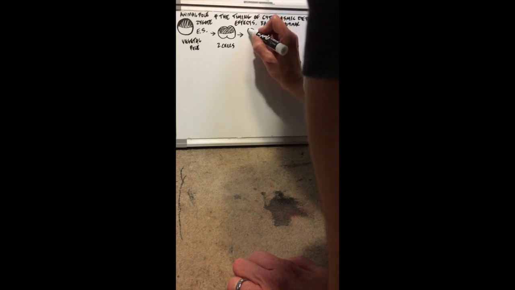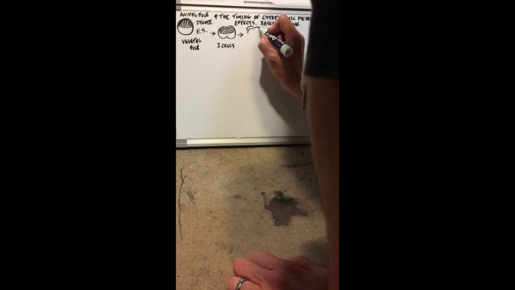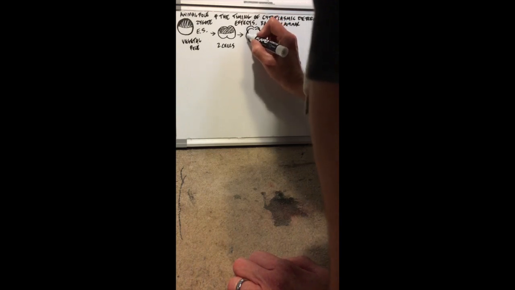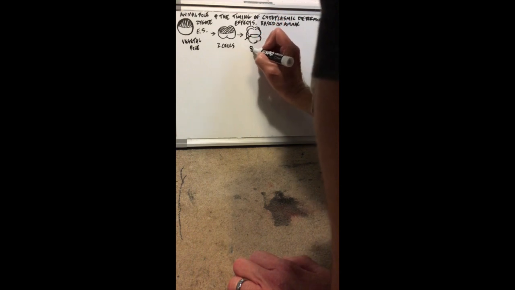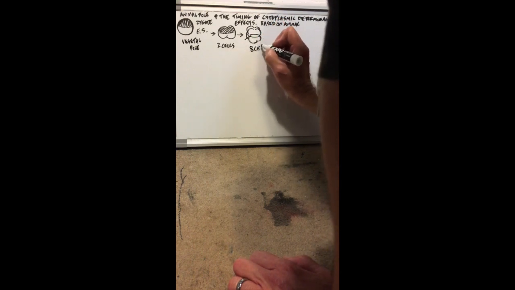You'll go 2 cells, you'll go 4 cells, you'll go 8 cells, okay? And this second pigmentation, and what I'm trying to draw here, or this third, pigmentation is called the gray crescent. So this is my 8-cell embryo.